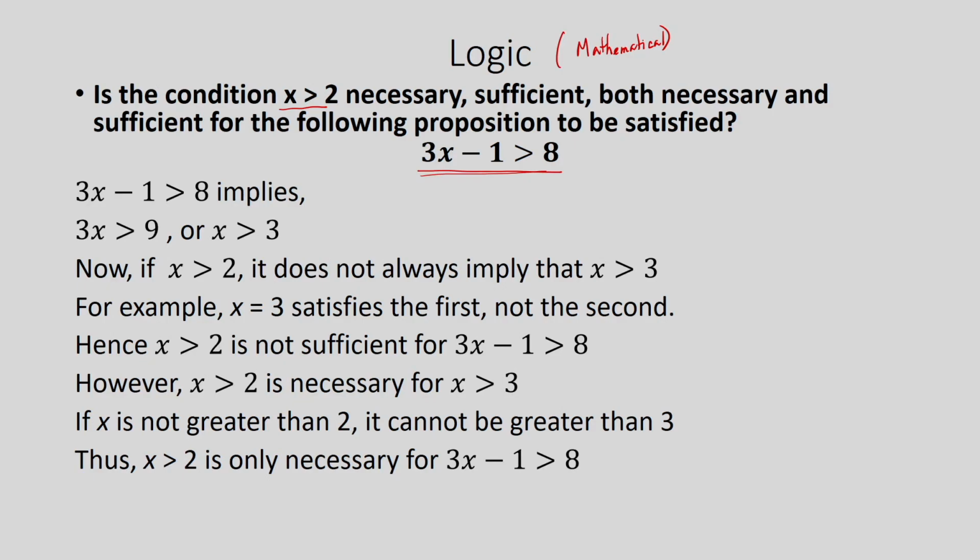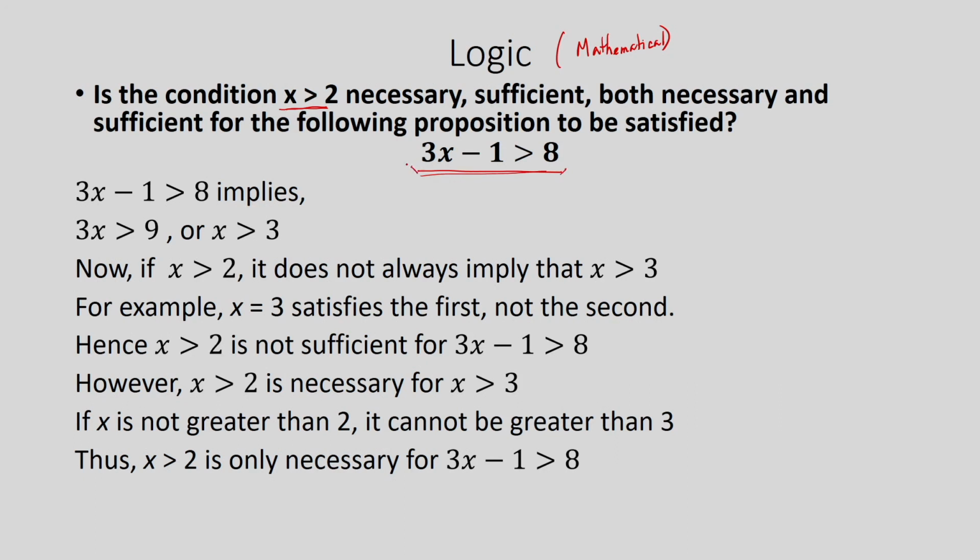Now, the question that is being asked is, for this proposition to be valid, is this condition x strictly greater than 2 necessary, or sufficient, or both necessary and sufficient, right. Again, to repeat, x is an unknown here.